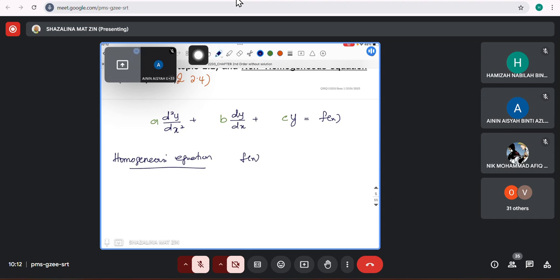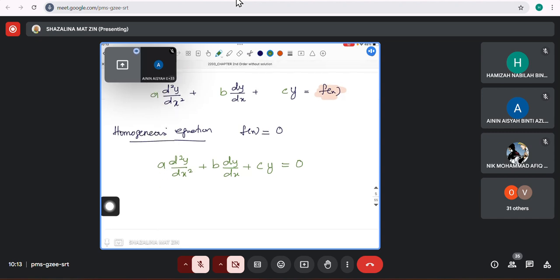Function of x ni dekat mana? Function of x ni di sini. The function of x is equal to 0. Then the equation becomes a d squared y dx squared plus b dy dx plus c y equals 0. So this is for homogeneous equation.